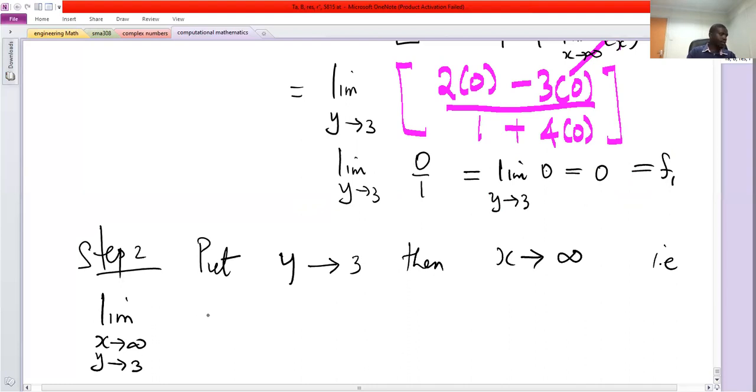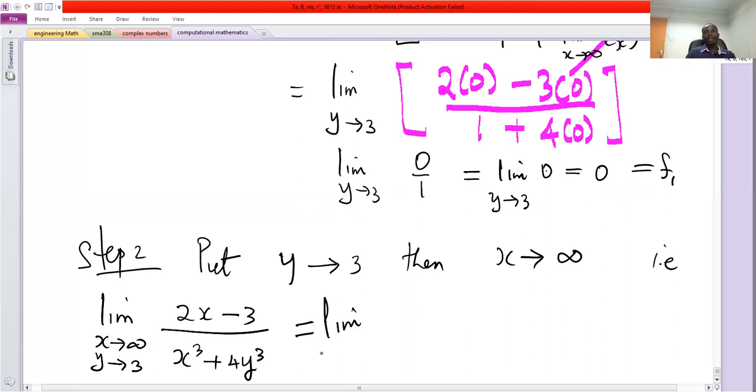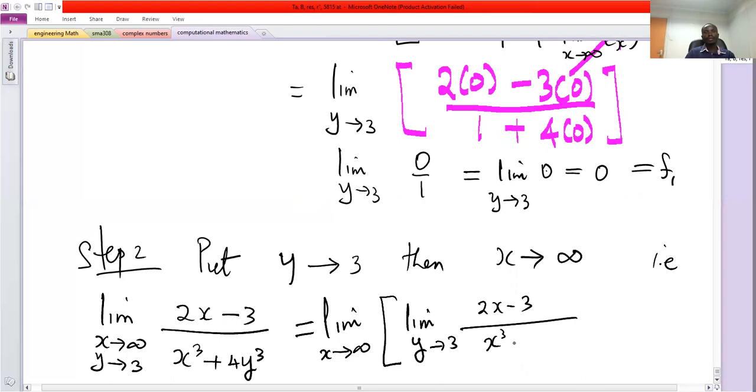The function was (2x minus 3) over (x cubed plus 4y cubed). This will be the limit as x approaches infinity of the limit as y approaches 3 of the function (2x minus 3) over (x cubed plus 4y cubed).